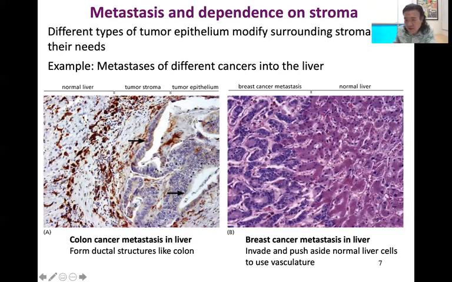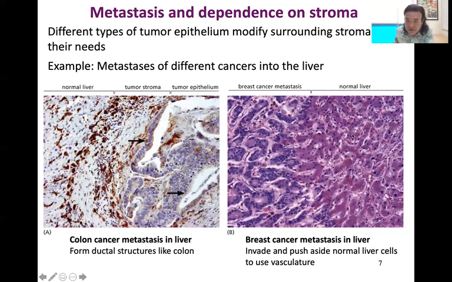That's quite different than what the breast cancer cells do. Here you have on the right the normal liver cells, and then here you have the metastatic breast cancer cells moving in. What you can sense here is, in this case, the breast cancer cells are really shoving the normal liver cells aside, trying to get access to the vasculature.